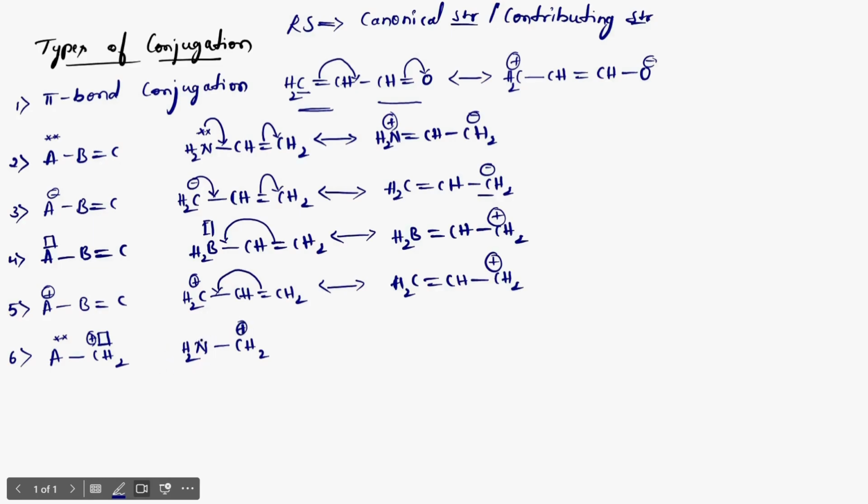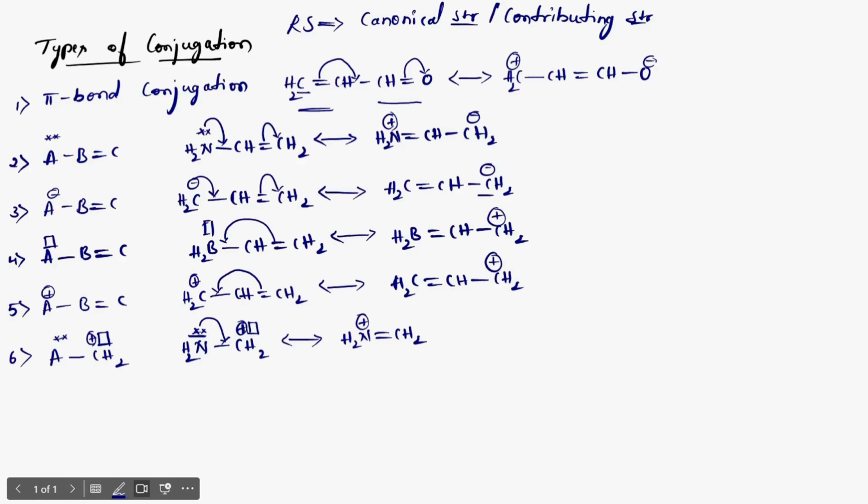What happens? Nitrogen will have a lone pair of electrons. This lone pair of electrons is shifted here, which can be written as NH2 double bond CH2. Here nitrogen will have a positive charge because of the 4 bonded pairs. These lone pair of electrons are shifting to the vacant orbital of carbon.